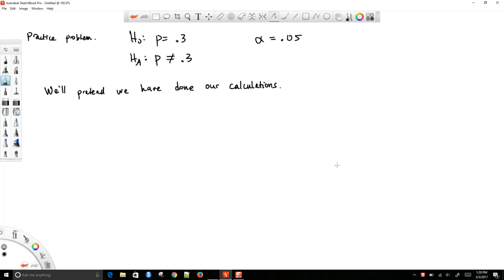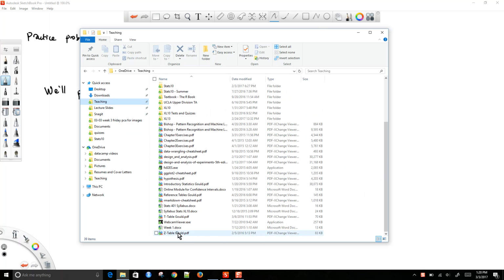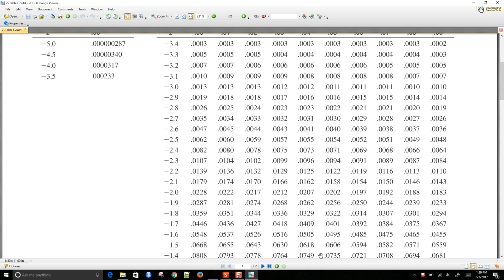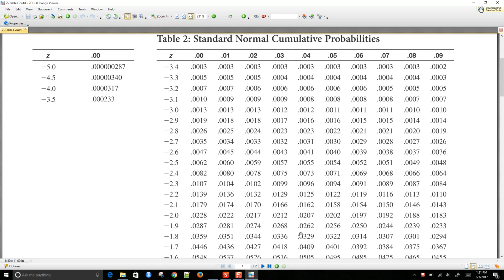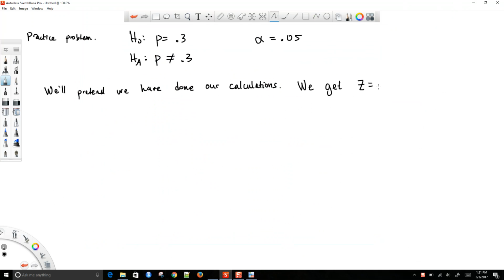Let me pull out a reference table here. Let's say we get z equal to 2.13.